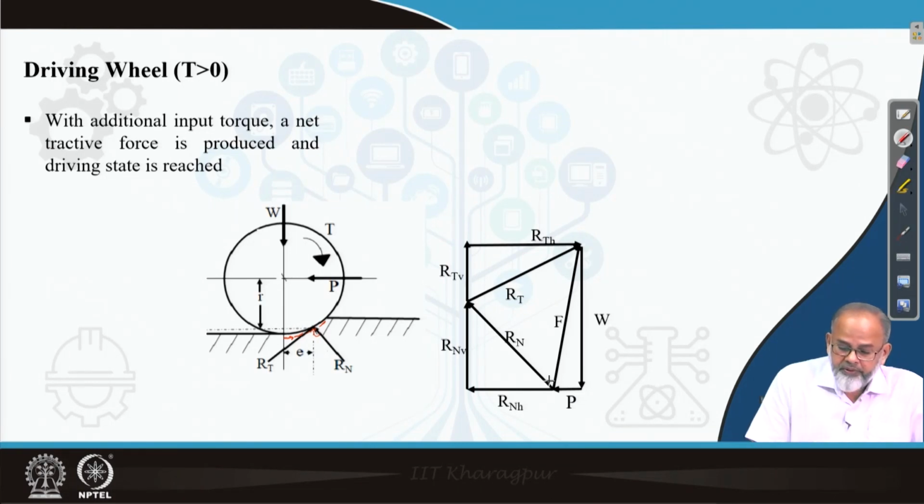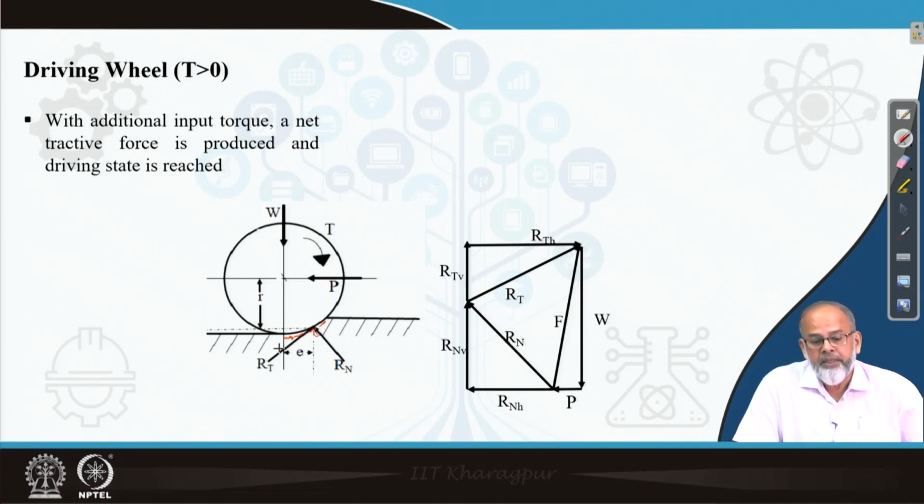Now if I resolve this soil reaction Rn into two components, one is Rnh, the horizontal component, and the other one is the vertical component Rnv. Similarly, the tangential force which is acting because of the shearing action, RT, can be resolved into two components.